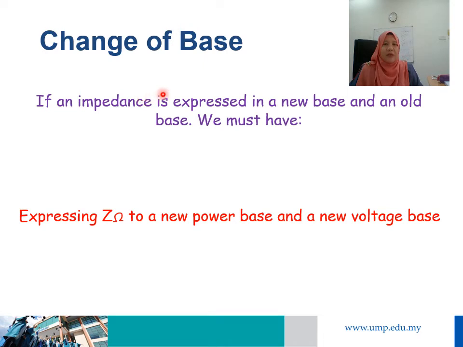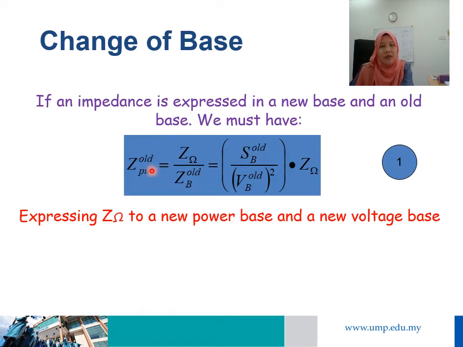If an impedance is expressed in a new base and an old base, we must have the old per unit impedance equal to the actual impedance divided by the old base impedance, which is also equal to the old base power divided by the old base voltage squared multiplied with the actual impedance.